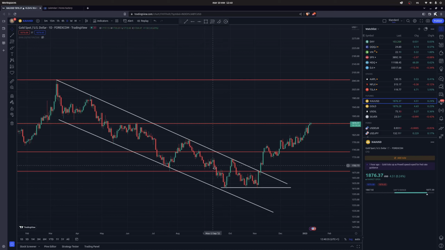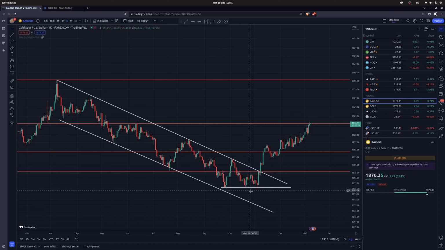So we broke through this important support level and formed this new low. From there we went up to this upper trend line, got a rejection, broke down this previous support level, and got a rejection from our new low.